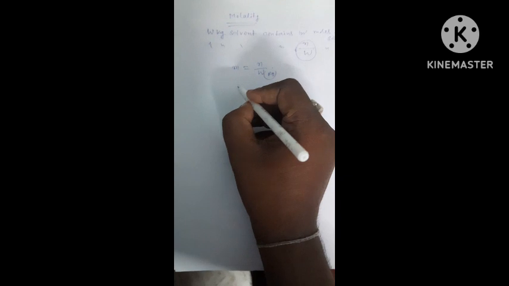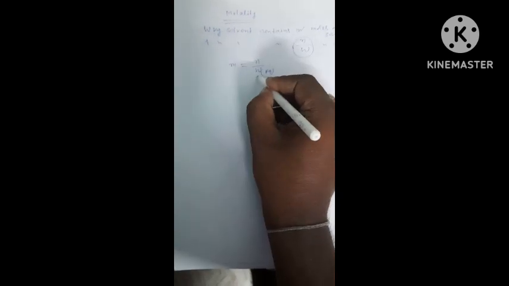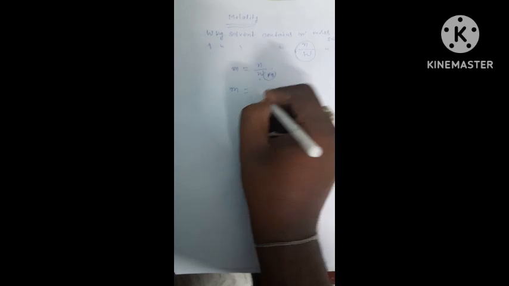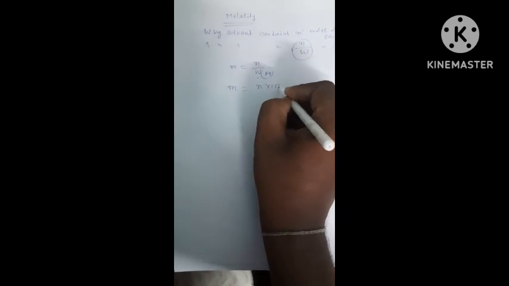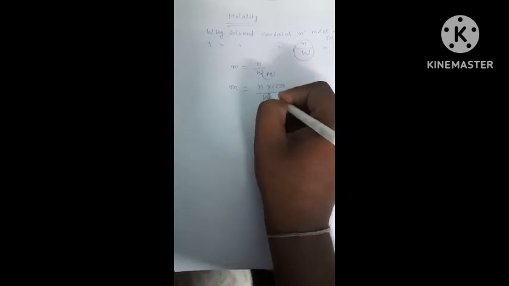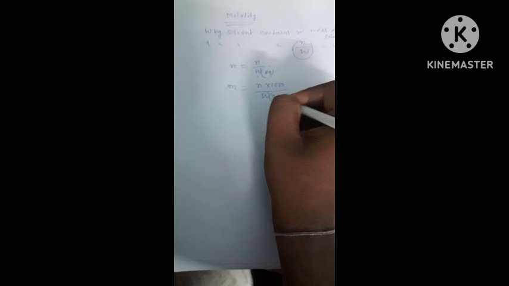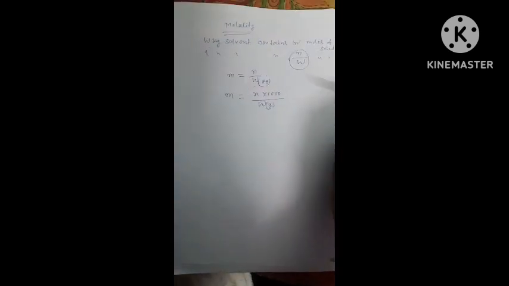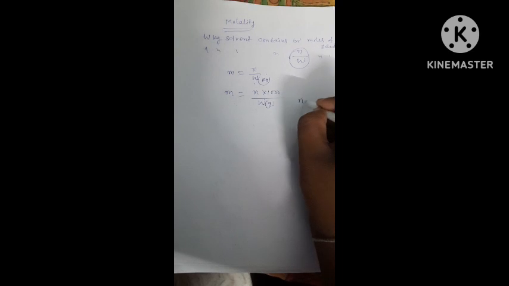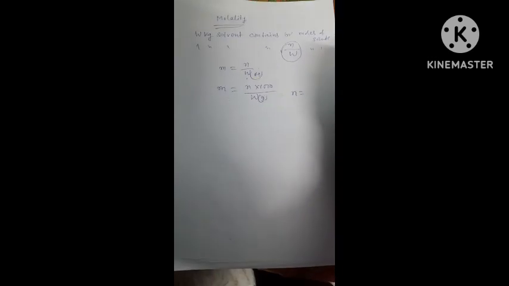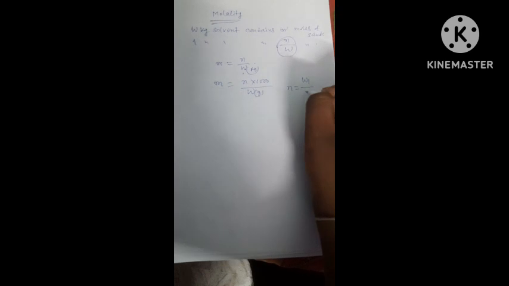Now in a similar way, if the mass of solvent is expressed in gram, then we have to multiply 1000 in the numerator to calculate the molality of the solution, when W is in gram. And the number of moles, as I said in the earlier case, can be calculated by the formula W1 divided by M1.